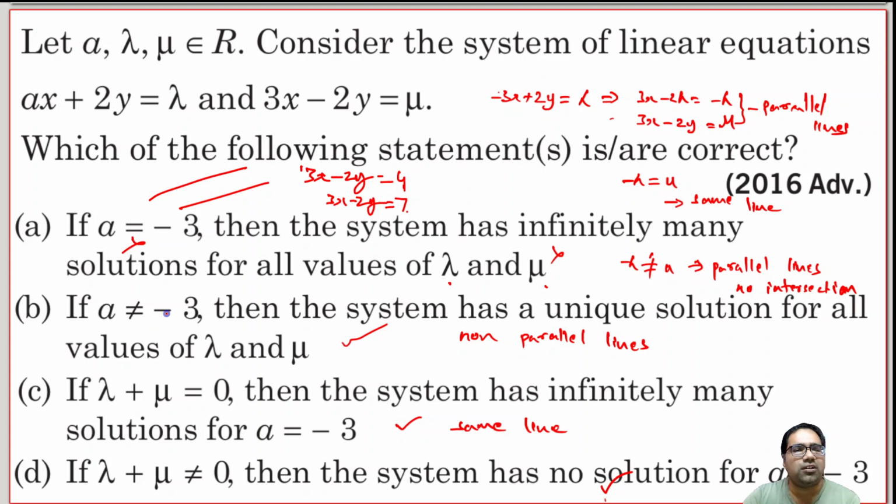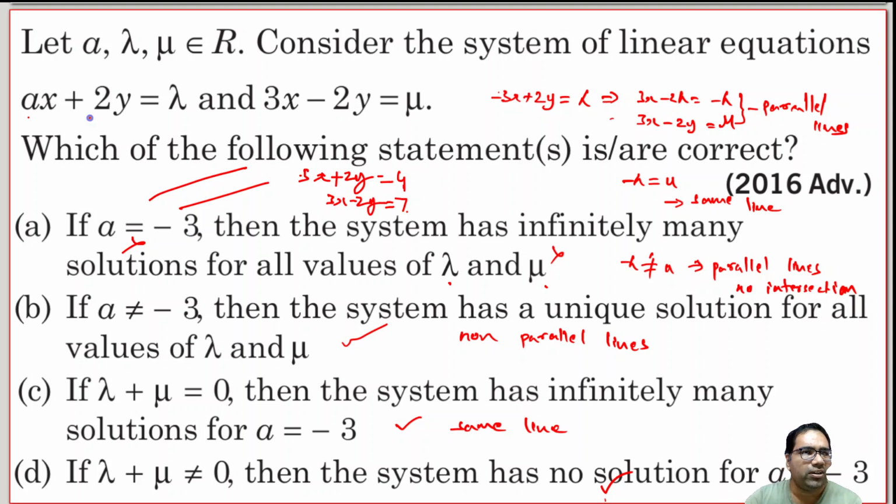Now, when a is not equal to −3, then the system has a unique solution for all values of λ and μ. When a is not equal to −3, what does that mean? Then these two lines are definitely not parallel. So instead of 3x, it will become, let's say, 5x − 2y, whatever.